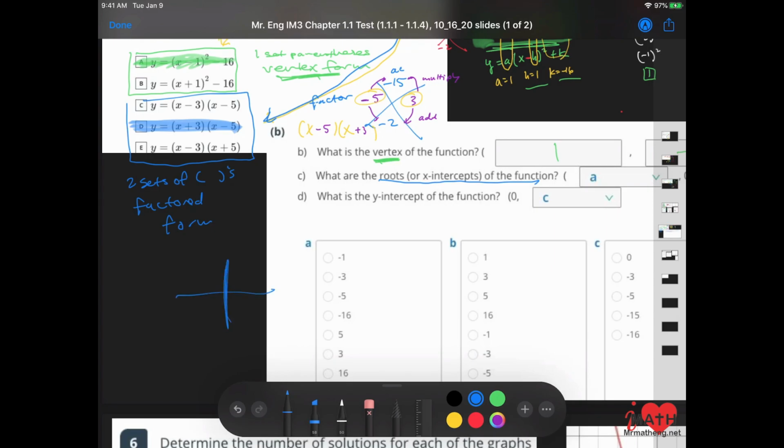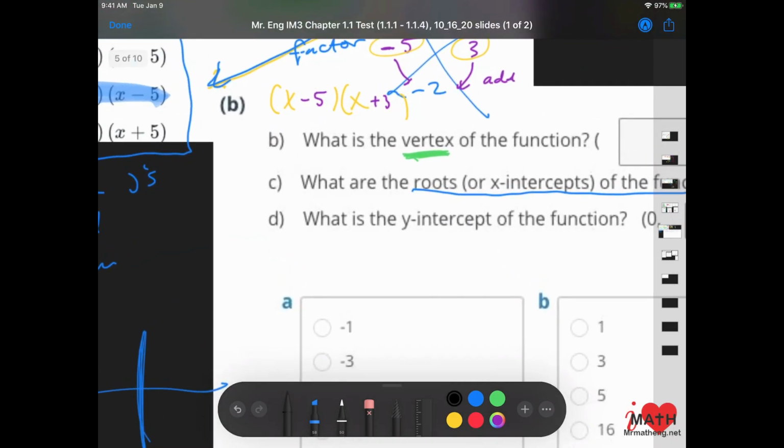Say this is your parabola, and I already know what the answers are. Let's do some math here. x minus 5, you set it equal to 0, zero product rule. Add 5, x equals 5, and x equals -3.